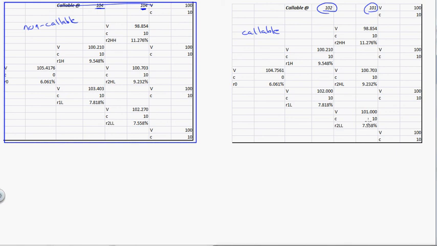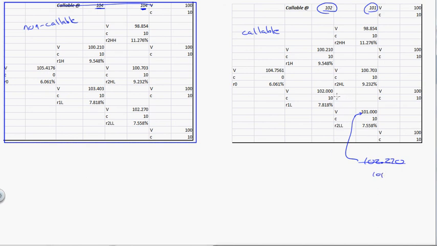If it's callable at 101, when you do the math right here, you don't get 101. When you do the math right there, you actually get 102.270. But if rates ever went to this point, it would be called, the issuer would call it back in, and they would pay you 101. So the actual price at this point is 101.